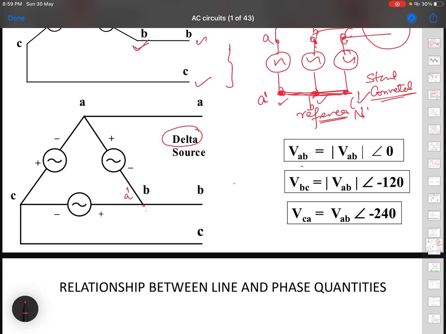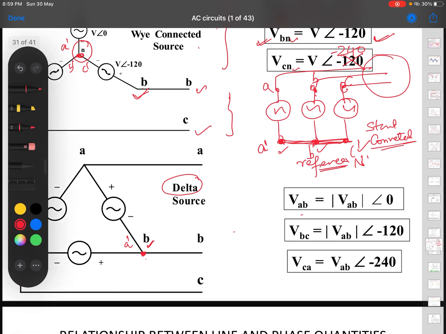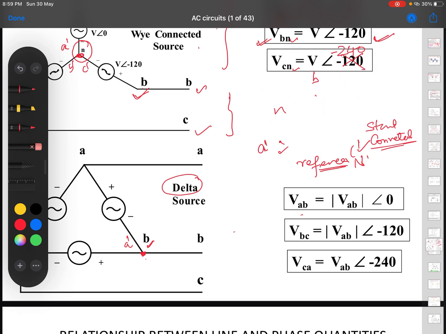So A dash and B are connected together, but we are taking this as a reference here, writing the name of only B here. I'll try to use this space then.